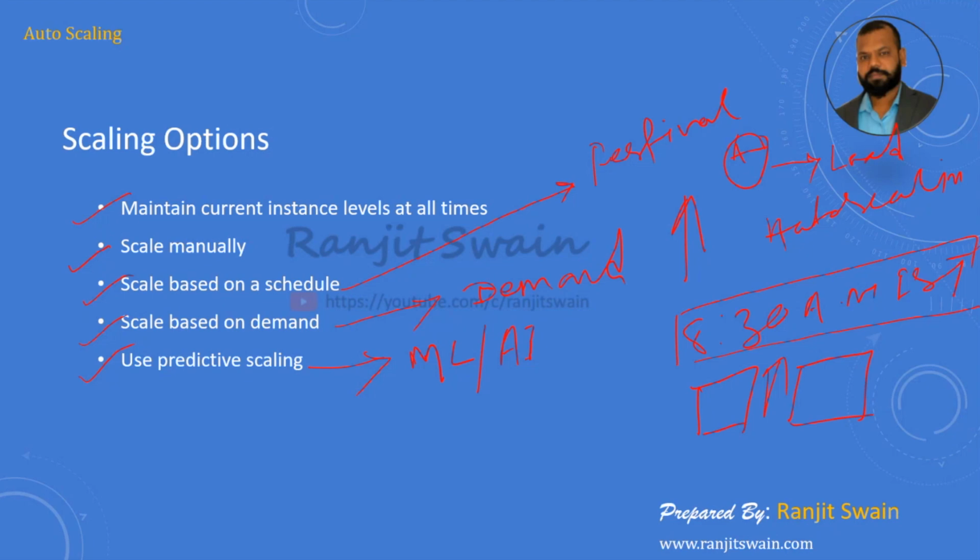Then scale manually. Manually in the sense, you have one machine there already, and some load happens, and your monitoring team will be there, who will monitor the health of the server.